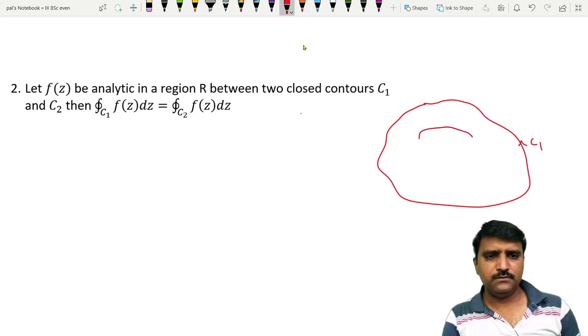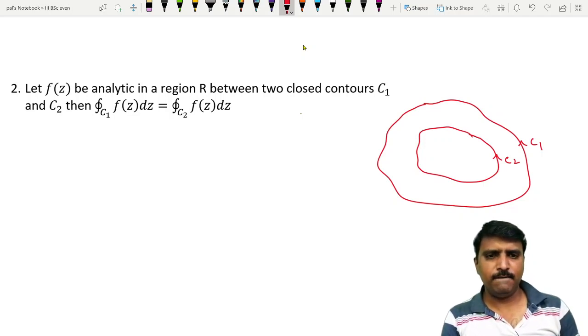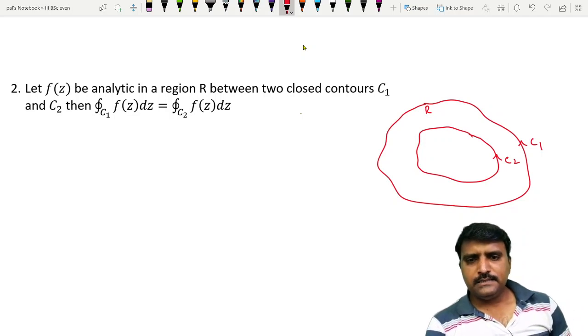Take one more closed curve, and this is C2. So this is the region R. R is the region between C1 and C2.